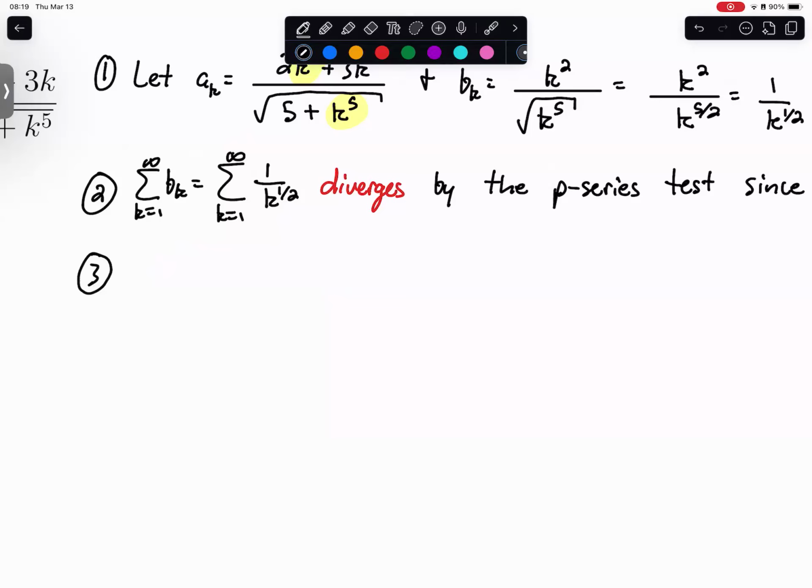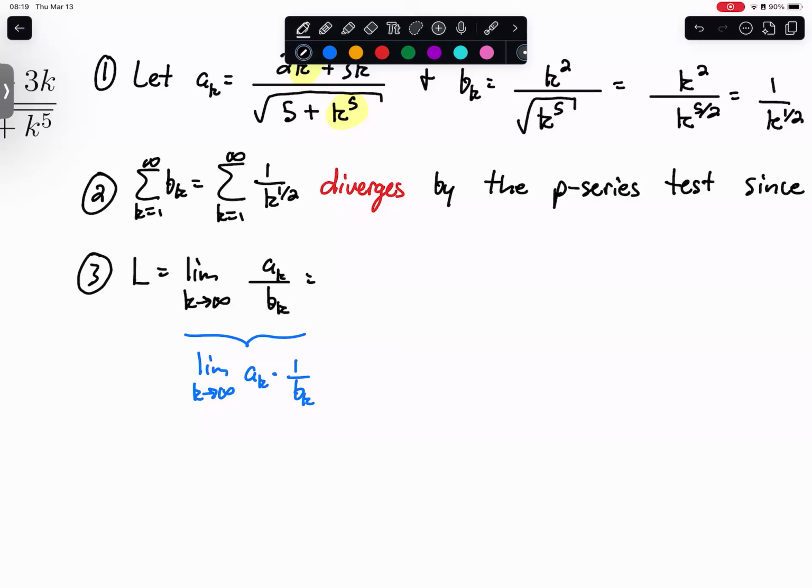Now let's try limit comparison test and have this L be the limit as k goes to infinity of A of k over B of k. Again, it's better if you think about it like a product instead of a quotient. So when you work with this, think about it more as the limit as k goes to infinity of A of k times the reciprocal of B of k.